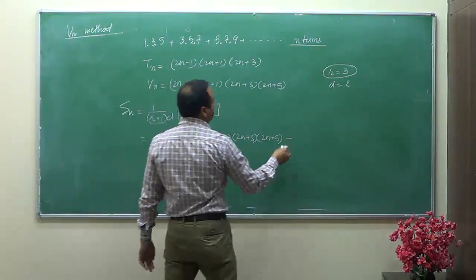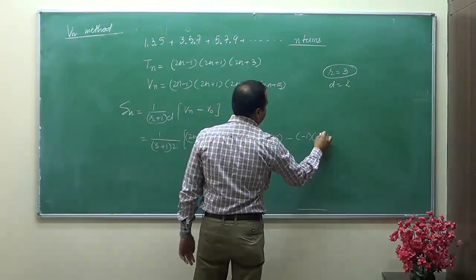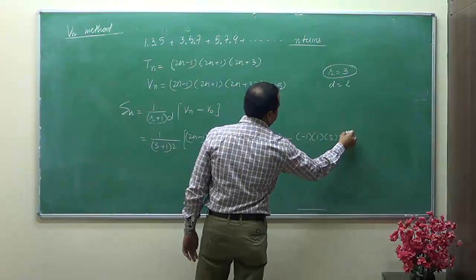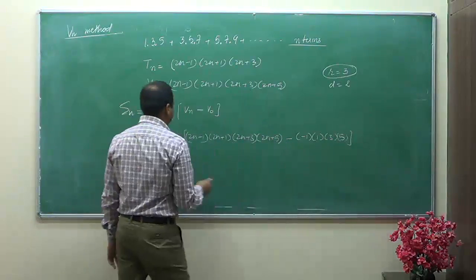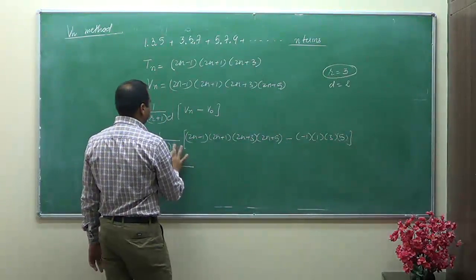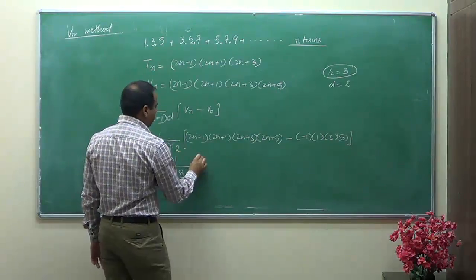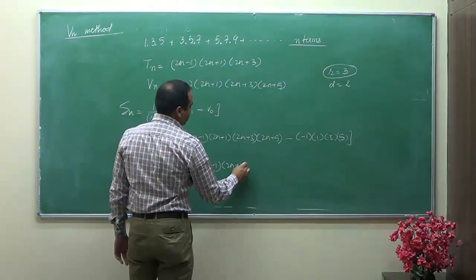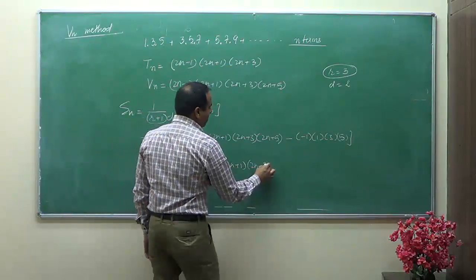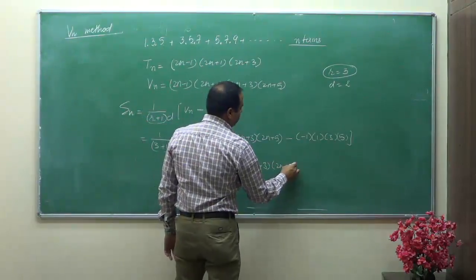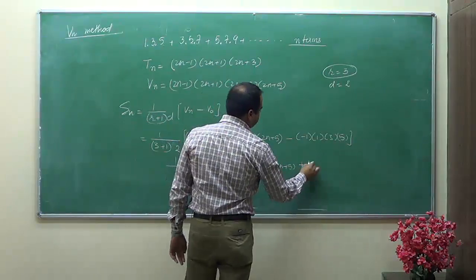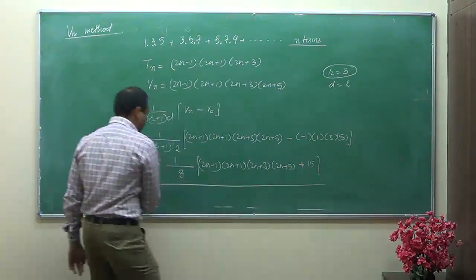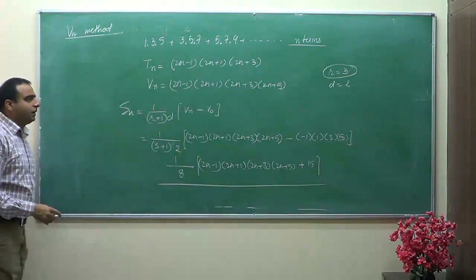V0 will be minus 1, 1, 3, 5. So finally the answer will be 1 by 8, 2n minus 1, 2n plus 1, 2n plus 3, 2n plus 5, plus 15. In this way we can find the sum.